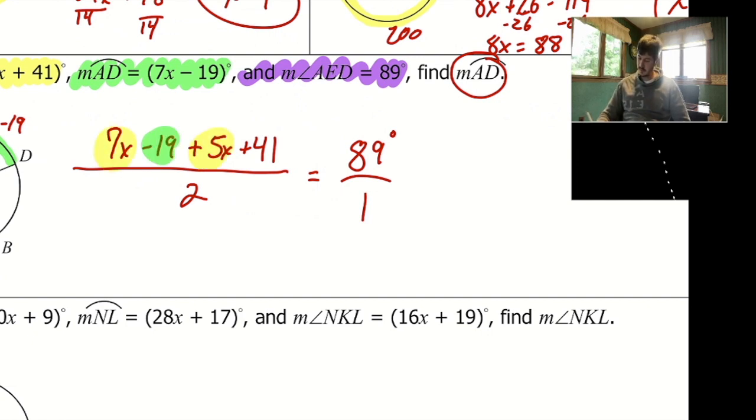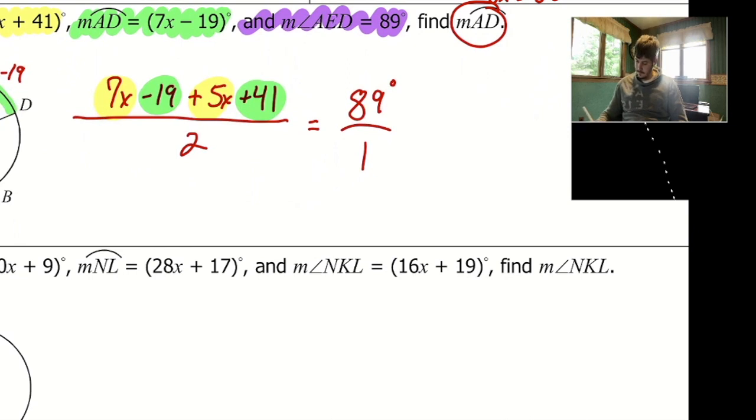And combine like terms, 7x and 5x. So before I cross multiply, I like to combine like terms. It just simplifies the problem. So you get 12x, positive 41, and a negative 19. So you can do 41 minus 19, and you get 22, positive. Still over 2 equals 89 over 1.